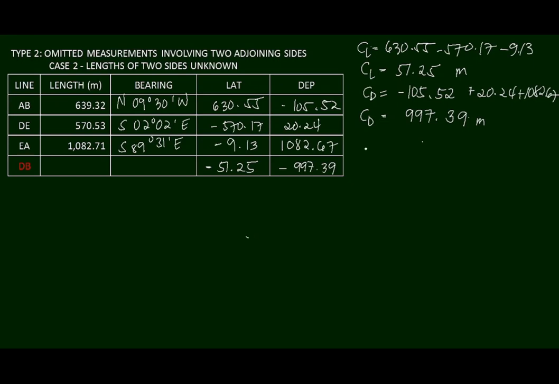Okay? So, for the bearing of line DB, that is simply equal to the inverse tangent of 997.39 over 51.25. So, the bearing of line DB is equal to, again, can you verify my answers na nakikita nyo sa screen.